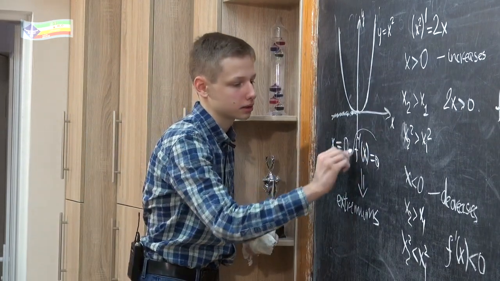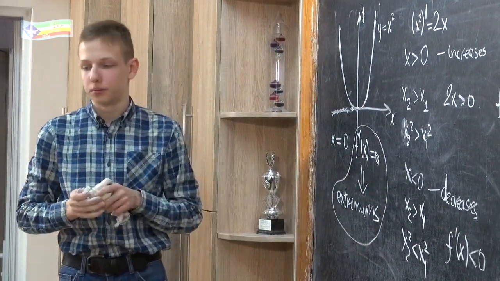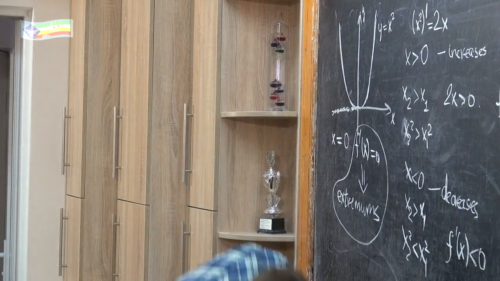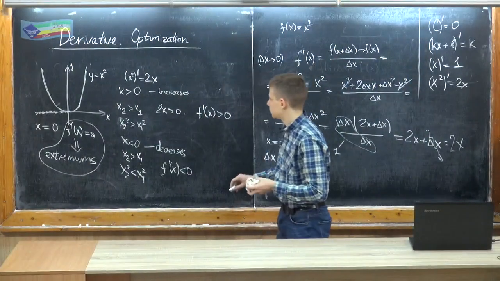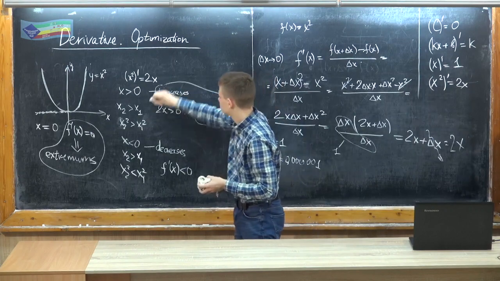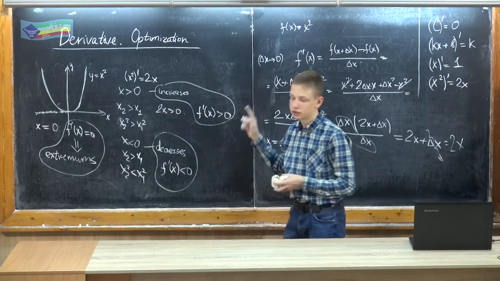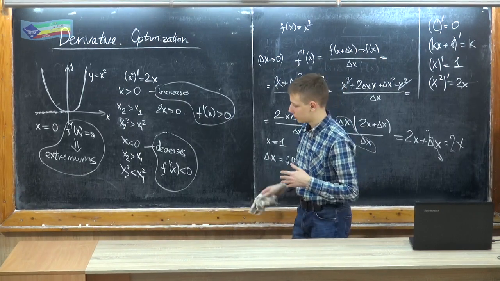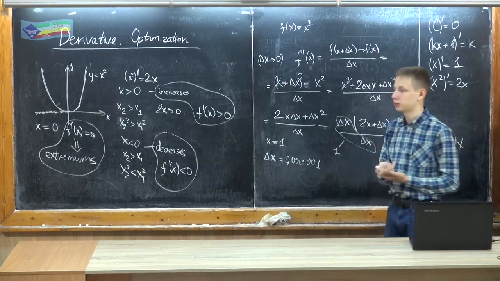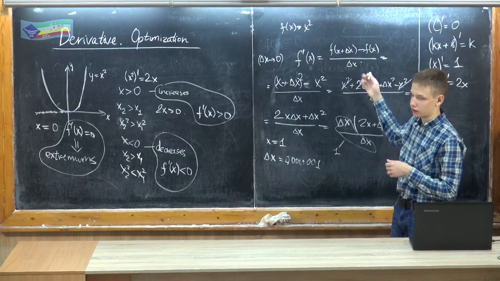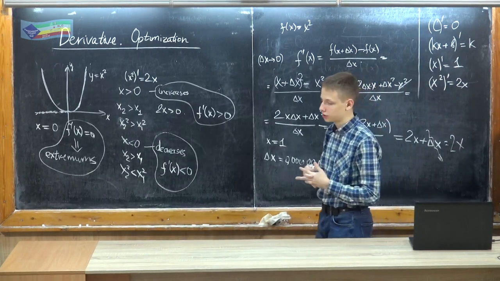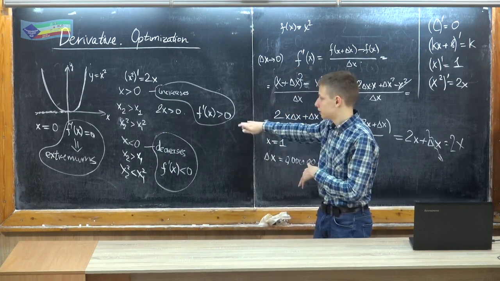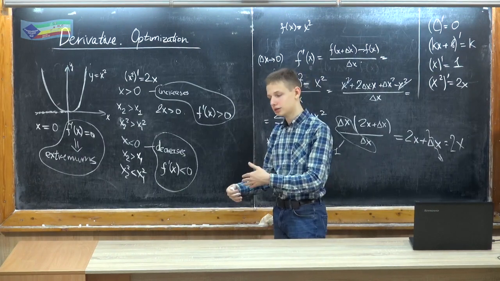But you will need to remember that this fact will appear quite soon, and it will appear quite often. That's why a derivative can be more useful than the function itself, because if we know the function and its sign, then we can just tell if the function is smaller or bigger than 0. But if we know the derivative, then we know if the function is decreasing or increasing.